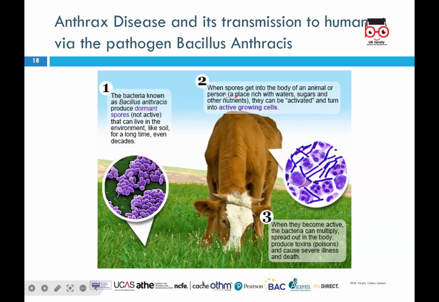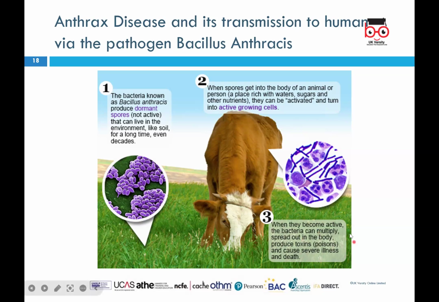So how do these spores get into the body of an animal? It's when they're activated. If there are spores here living for a very long time, when spores get into the body of an animal or a person directly, they can be activated and turn into active growing cells. They're dormant or inactive here. Once they get into the human or animal body, they become activated, and they start growing.